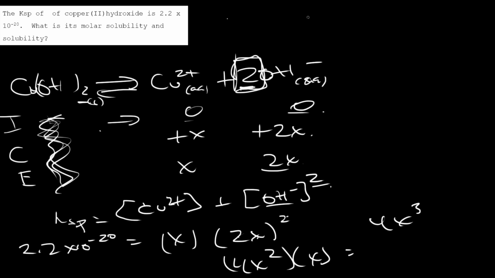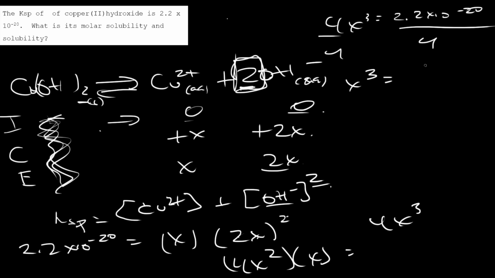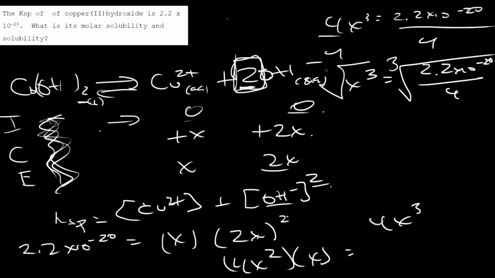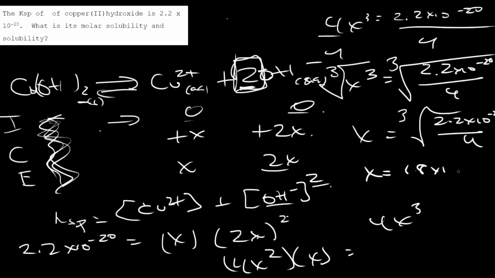So 4x cubed equals 2.2 times 10 to the negative 20. Divide by 4 on both sides, so x cubed equals 2.2 times 10 to the negative 20 divided by 4. Then cube root both sides, and x turns out to be 1.8 times 10 to the negative 7.